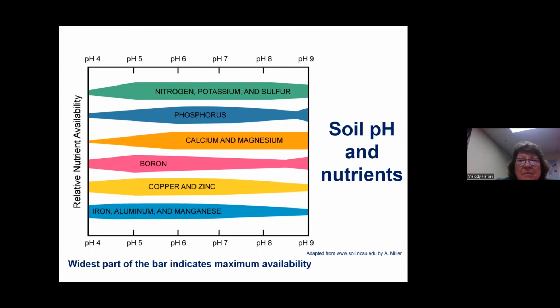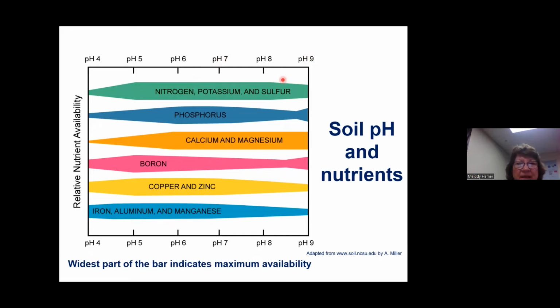As the soils become more acidic or alkaline, you can see that those bands start to pinch down. And it's not that the elements aren't in the soil, it's that the pH is causing them to be in a form that the plants can't easily uptake. Our Nevada soils are alkaline, and they range from a pH of 7 to 9.